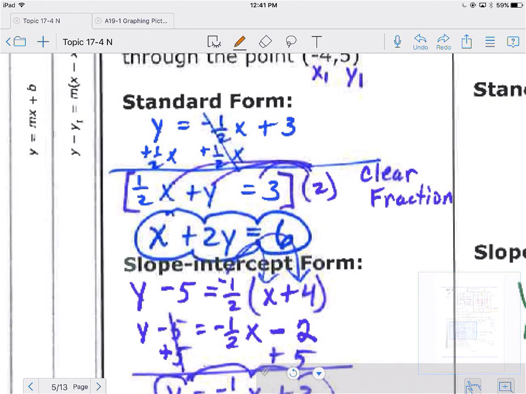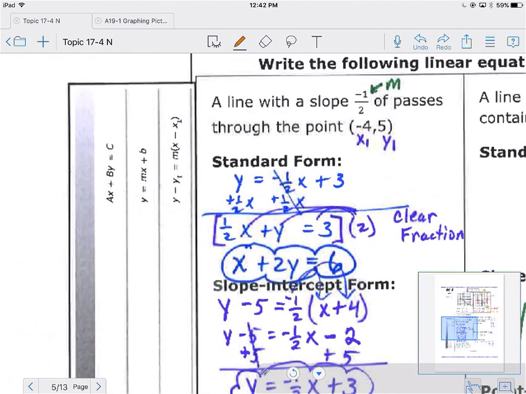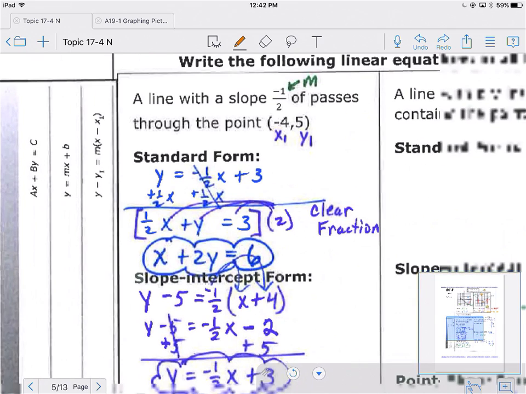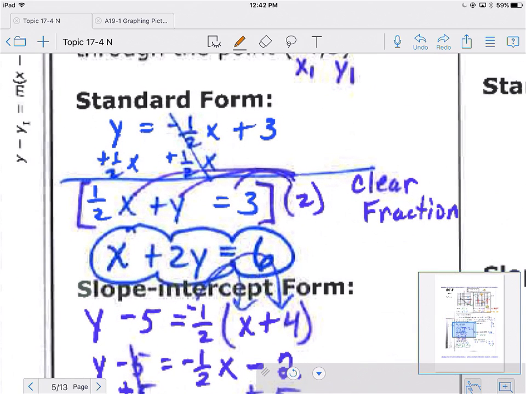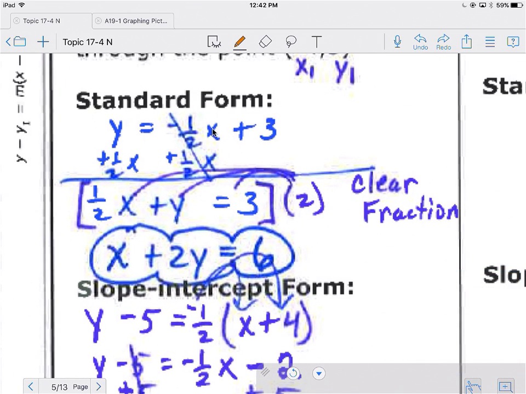Once I have slope-intercept, I can solve for standard. Standard form is where you have your x's and y's on the same side together, and you have 0 fractions. So remember, these are listed off to the side if you want to look at them, but that's how I know what I'm going for. So the first thing I would do is put x and y together.